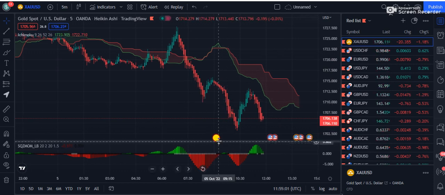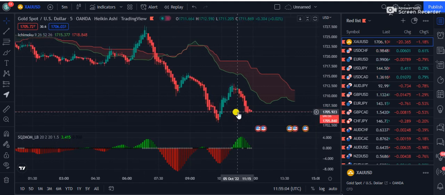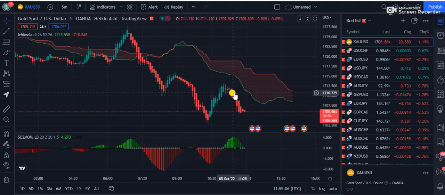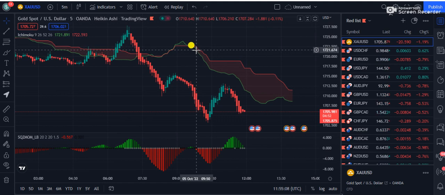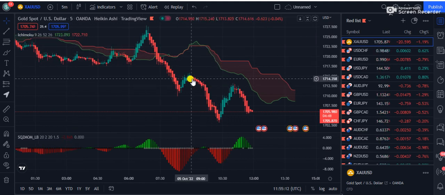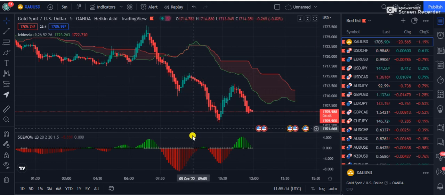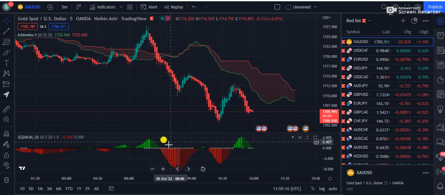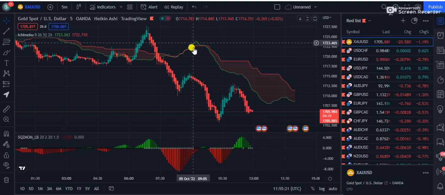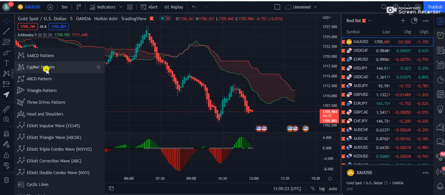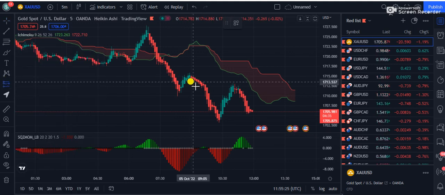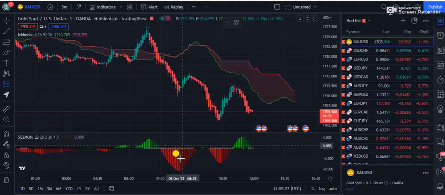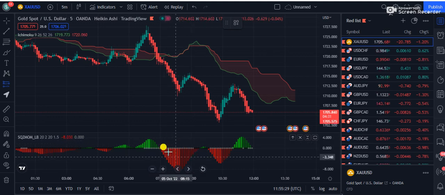Now let's talk about the entry rules. The entry rules are very clear and simple. If you see the green line cross the red line coming downward, and you have also received a sell signal from the squeeze momentum indicator, pointed into the red color, you can definitely take your entry. For example, if I take the entry from here, this becomes our entry, because the squeeze momentum was also red.